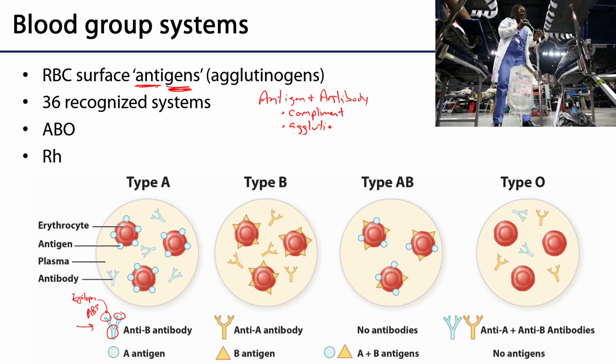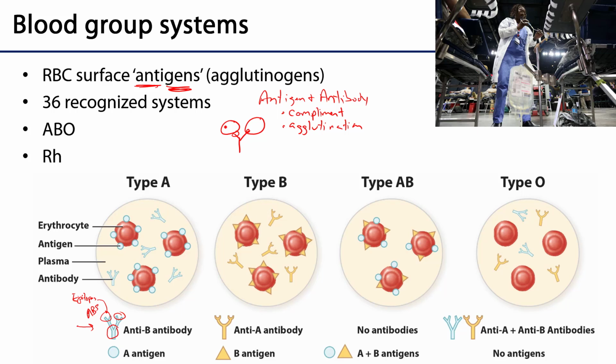And then there's also something called agglutination. With agglutination, you can have a single antibody connect to items through having similar epitopes.